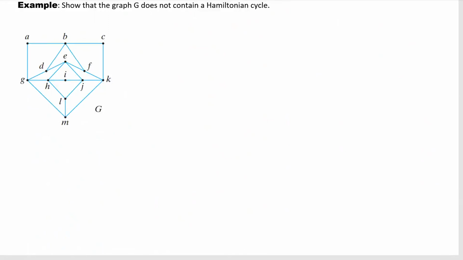All right. So next example, we want to show the following graph does not contain a Hamiltonian cycle. Here I'm going to show you 2 methods to show it does not contain a Hamiltonian cycle. The first method is method 1.